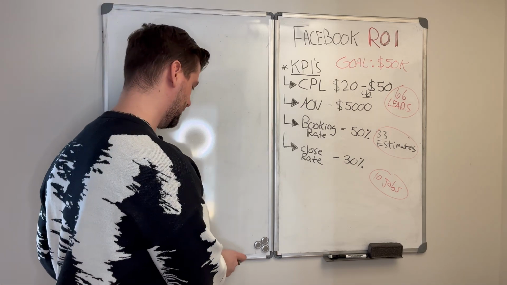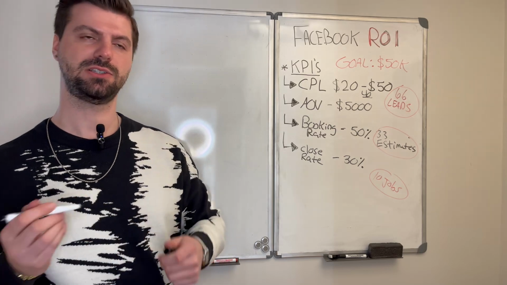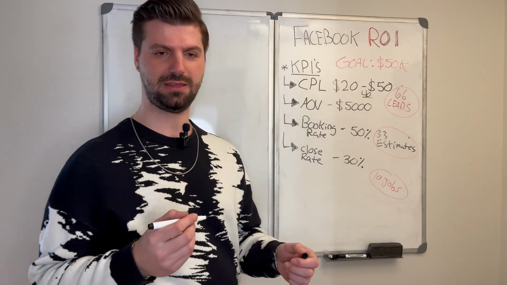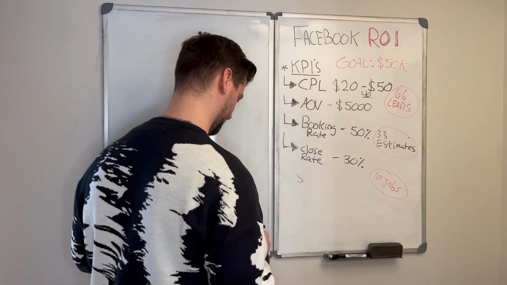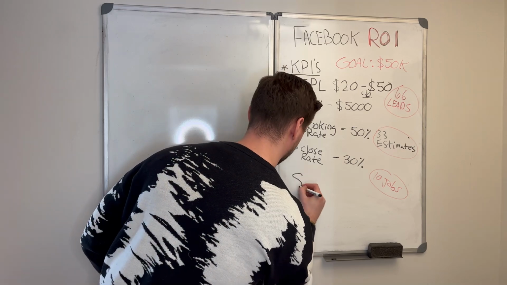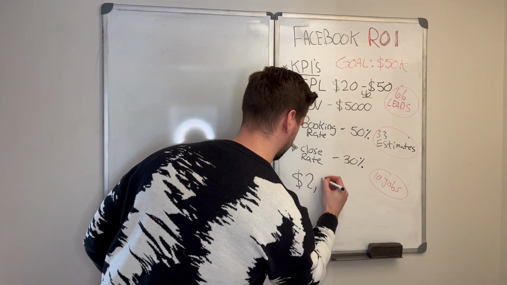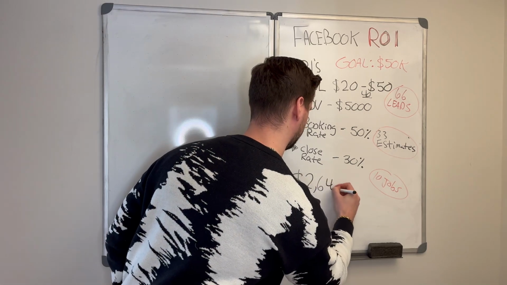And so then to calculate how much we actually need on ad spend, you would do 66 times 40. So 66 times 40, I think I wrote it down, that would be 2,640 approximately.